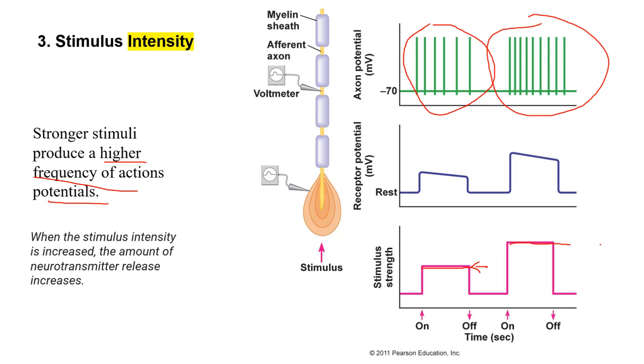Vice versa, a stronger stimulus will of course result in a higher receptor potential, because there is always this graded potential that needs to be initiated before an action potential can be stimulated. Axon potential here is the action potential.